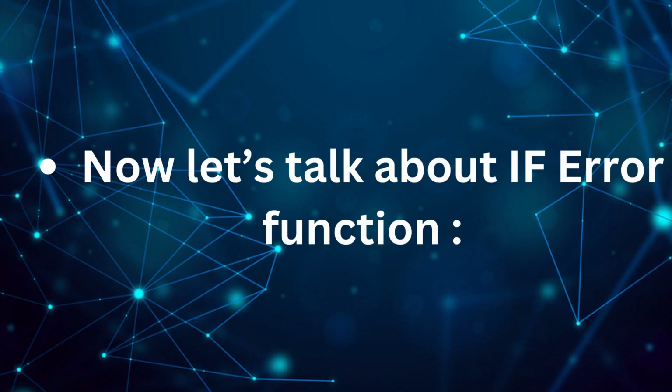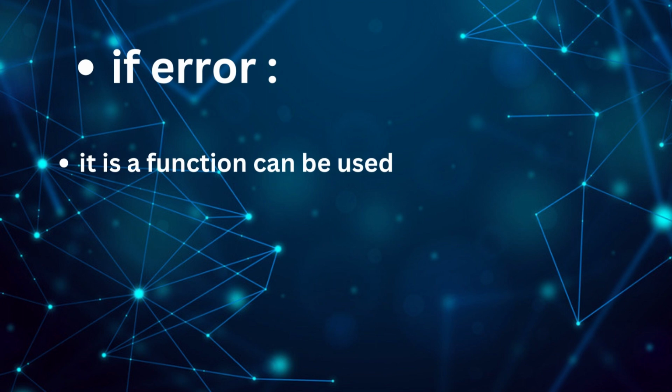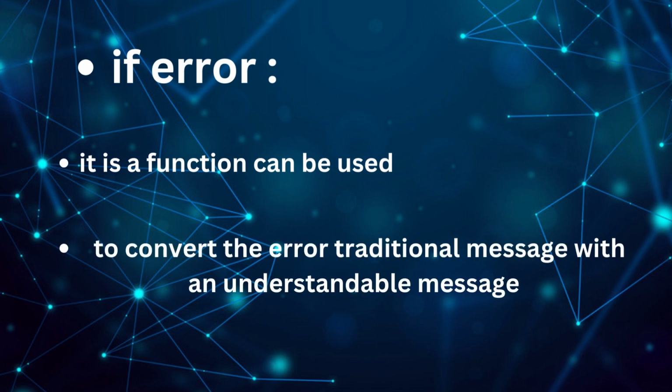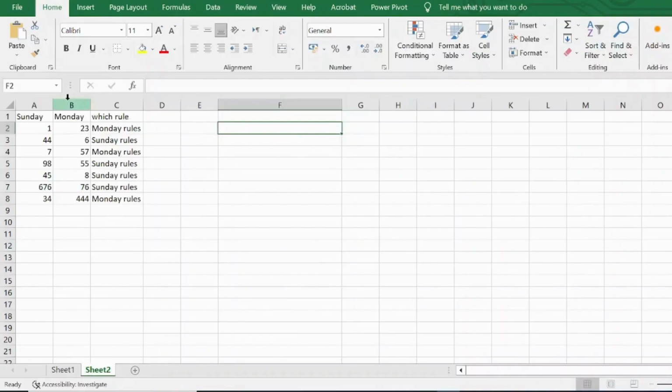Now let's talk about the IFERROR function. It is a function that can be used to convert the traditional error message into an understandable message. Let's try to do it in Excel. Let's do the same fault with VLOOKUP but with IFERROR.